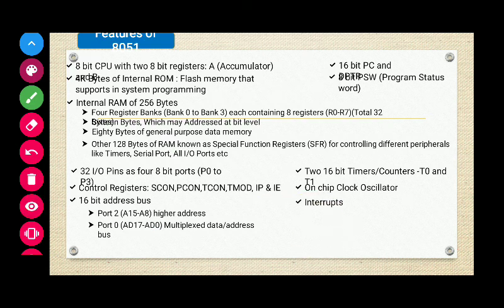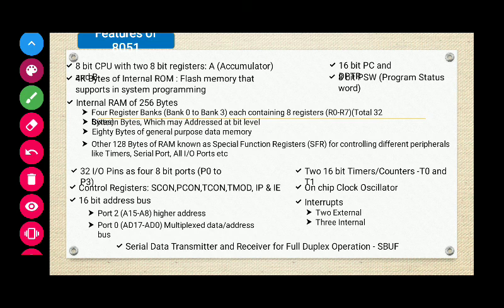Then it has two types of interrupts, internal interrupts and external interrupts. 8051 has 2 external interrupts and 3 internal interrupts. Then the 8051 microcontroller has a serial data transmitter and receiver for full duplex operation, that is SBUF, serial buffer.